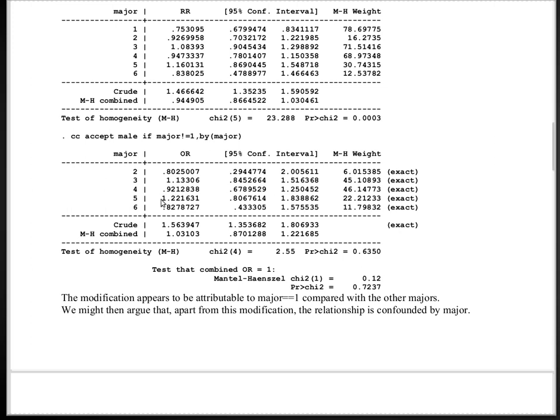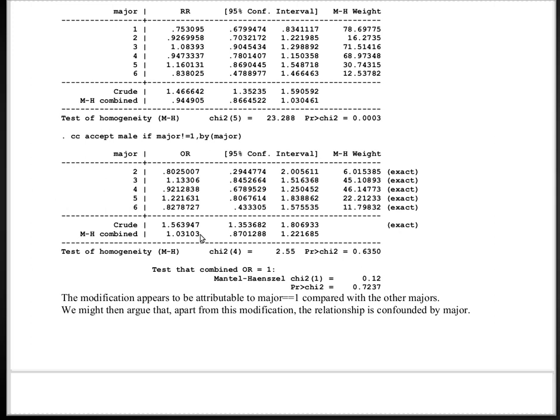What am I getting at? Well, that crude odds ratio showing a relationship that suggested that the male students were being accepted at higher rates than the female students goes away when I adjust for major. Okay? So the Mantel-Haenszel adjusted here is nearly 1, showing no association between gender and acceptance. Okay.